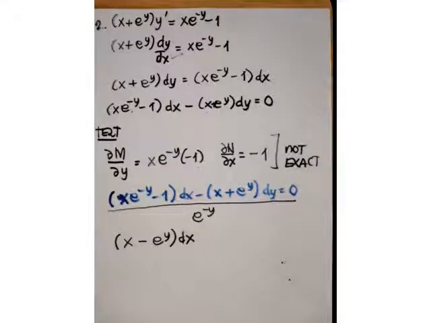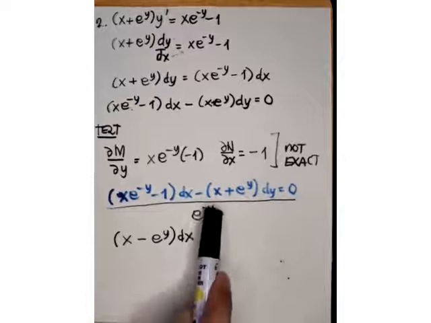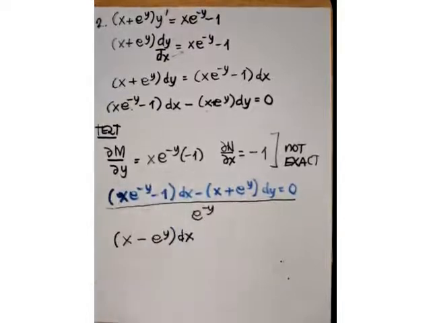Okay, may question ba kayo dun sa first, dun sa dx? Bakit siya naging e raised to y? Because that's 1 divided by e raised to negative y. So, pwede natin siyang gawing numerator. So, mag-change ng sign yung kanyang exponent. Okay, so wala.